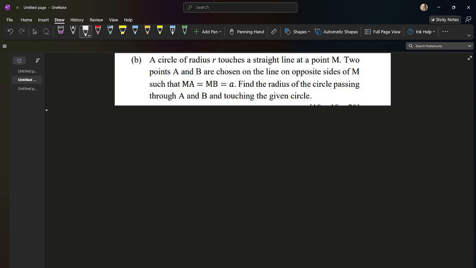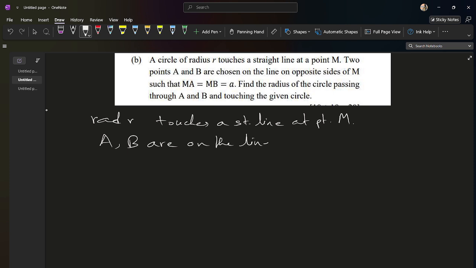So we have a circle of radius r that touches a straight line at point M. Two points A and B are on the line, equidistant from M, such that MA equals MB equals a.